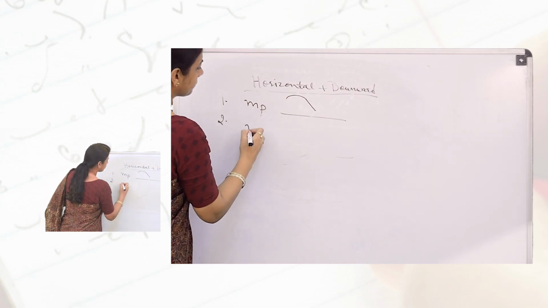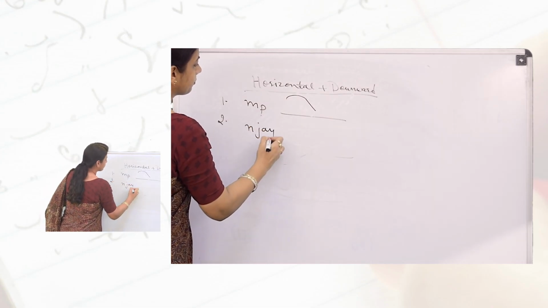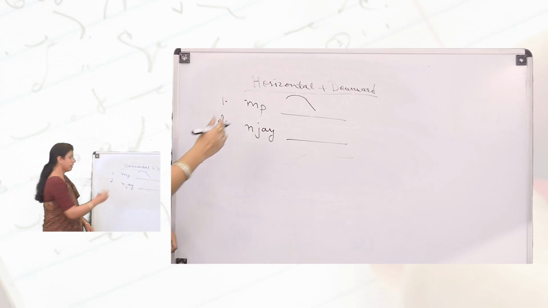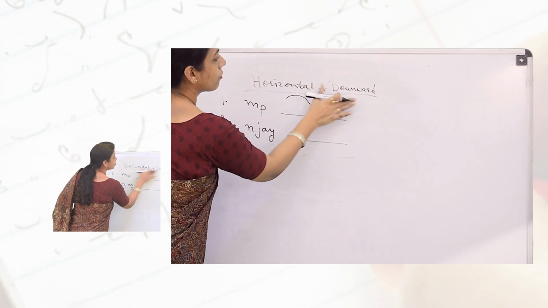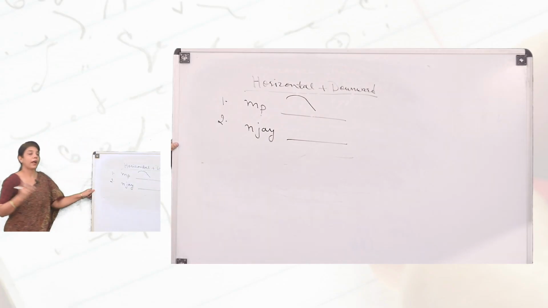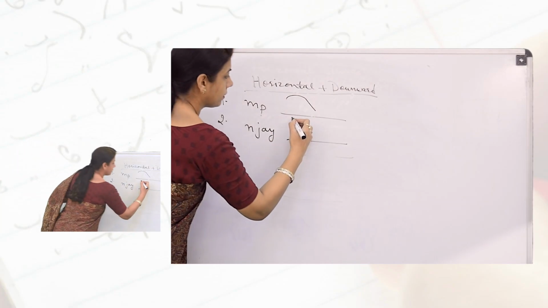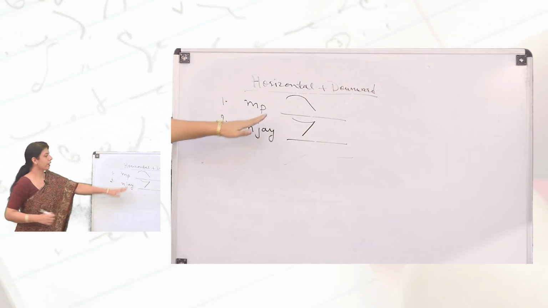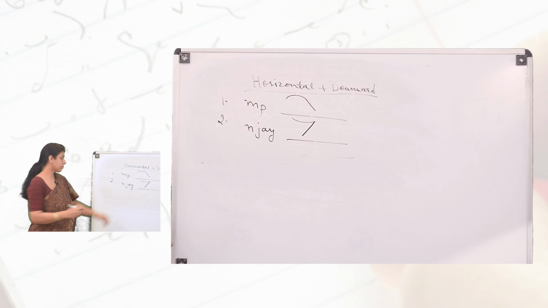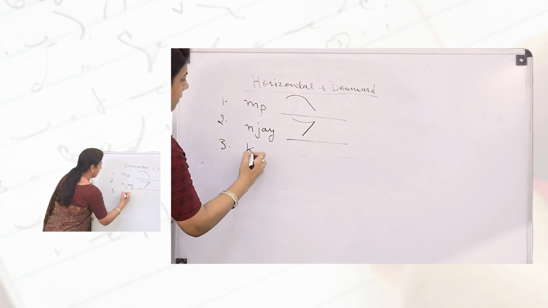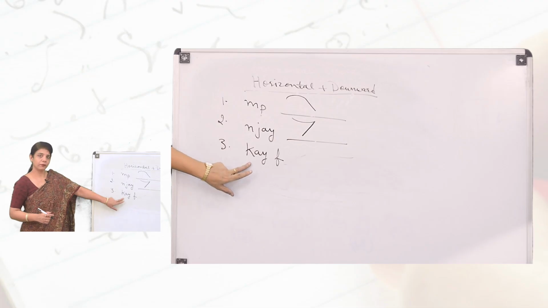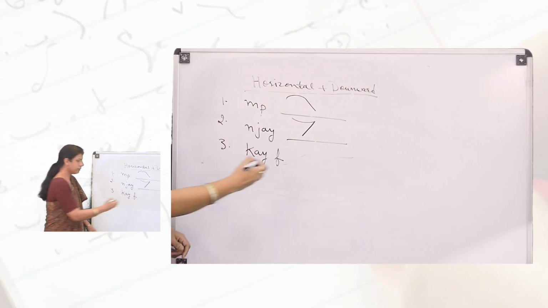Second is N, J. Now, like I said, if it is a combination of horizontal plus downward at first place, both the consonants should remain above the line. So, N and J at first place. Now again, one more example, horizontal plus downward.